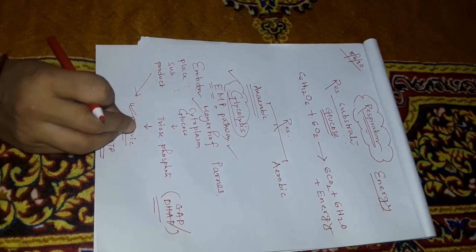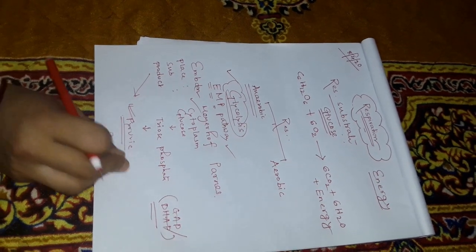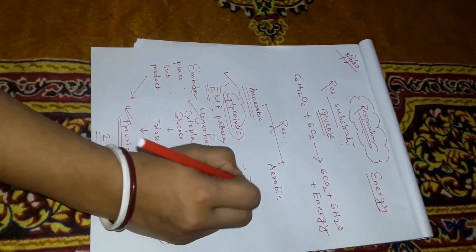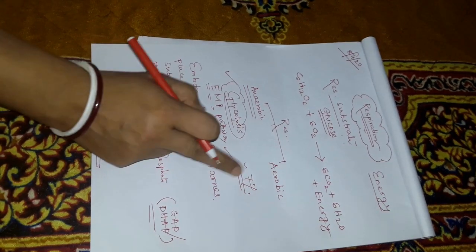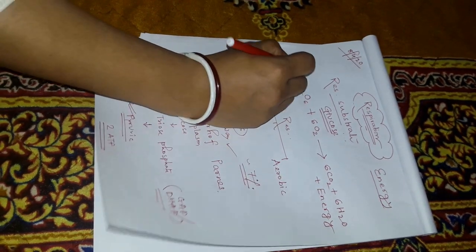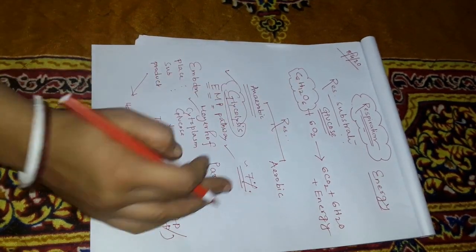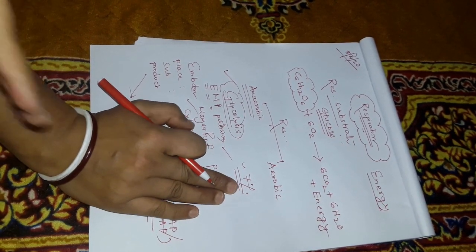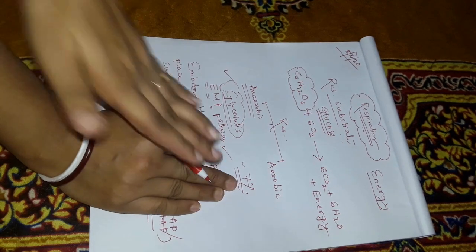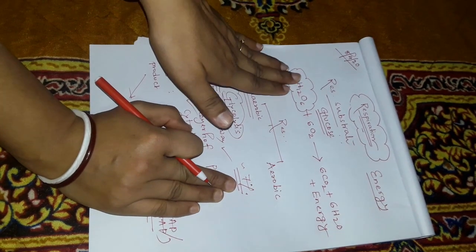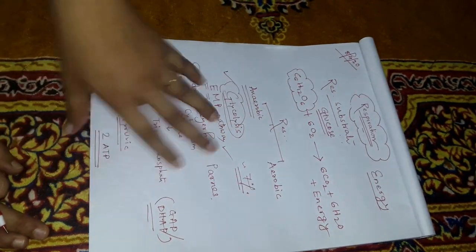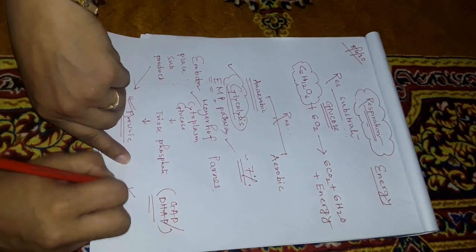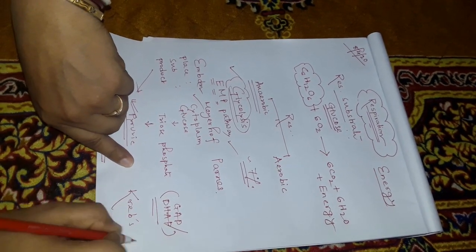Here we get a very meager amount of energy, less than 7% of the energy within the glucose. If we want to get all the energy from glucose, we need to go to the next hub, the Krebs cycle.